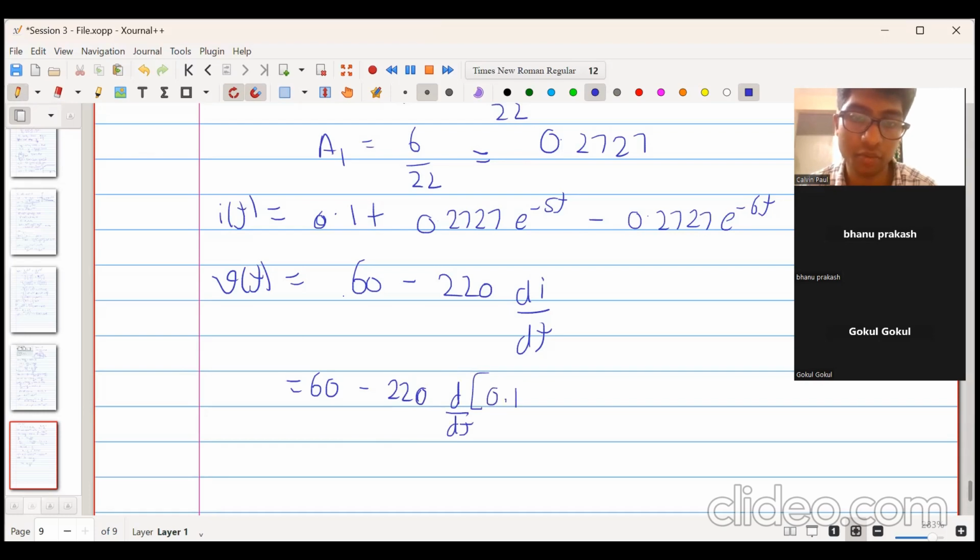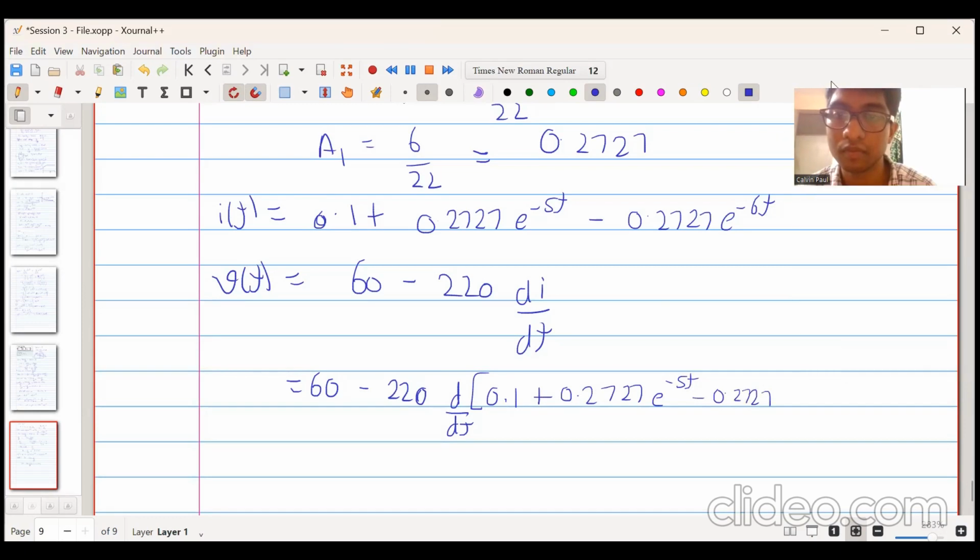The equation of current is 0.1 plus 0.2727 e to the power minus 5t minus 0.2727 e to the power minus 6t. Okay.